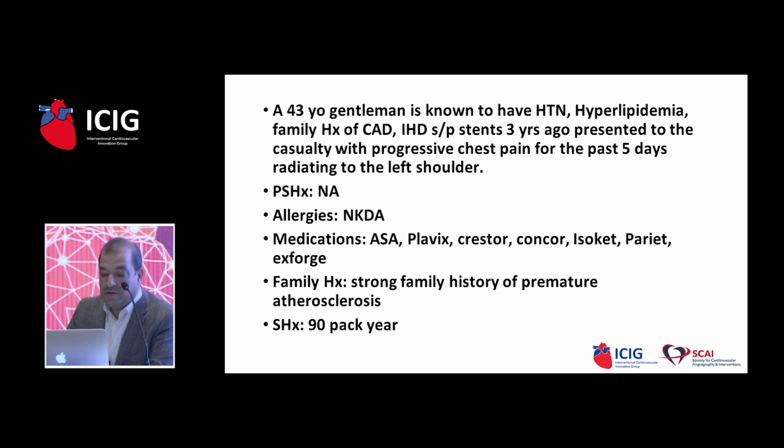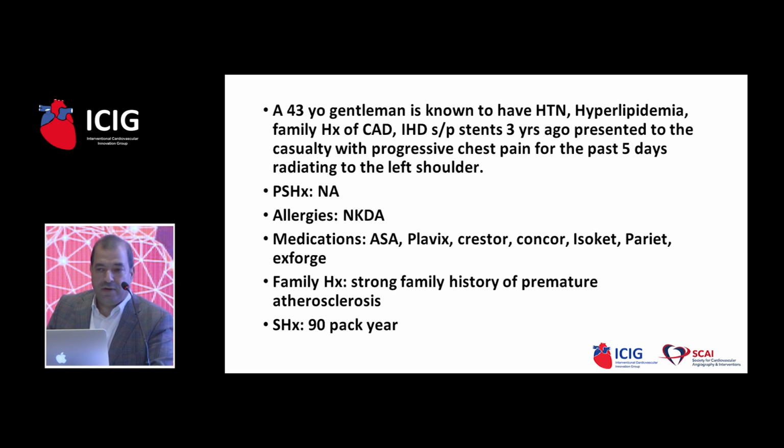He had no surgical history, no drug allergies, and his medications were aspirin, Plavix, rosuvastatin, beta blocker, isosorbide, a PPI, and a blood pressure pill. He had a strong family history of premature atherosclerosis, and he is an active smoker with a 90-pack-year history.